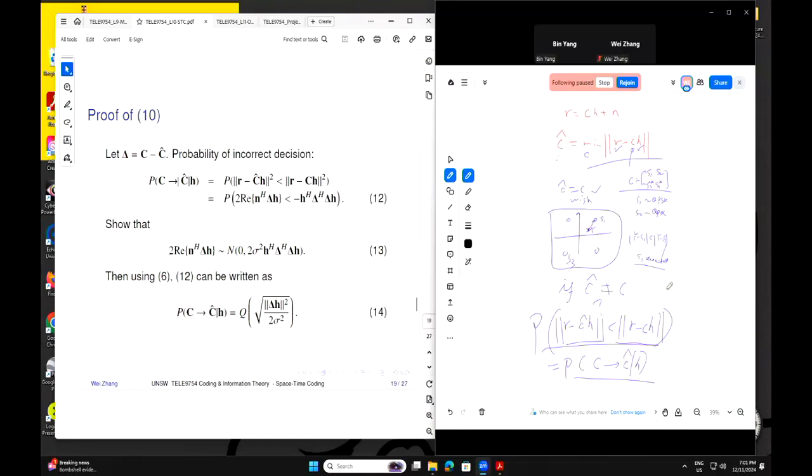Yes, in some cases, with a very low probability, you can get the wrong detection. That does not mean zero error, but it's still the best method, it's still optimal detection. But in this case, you got a mistake, C hat, because the distance you found is the minimum. R minus C hat H is minimum, okay?